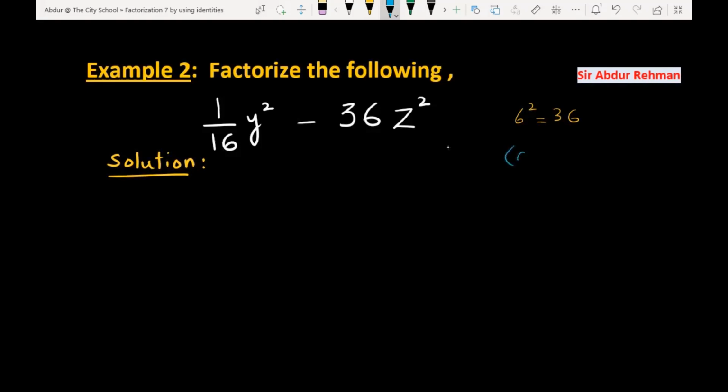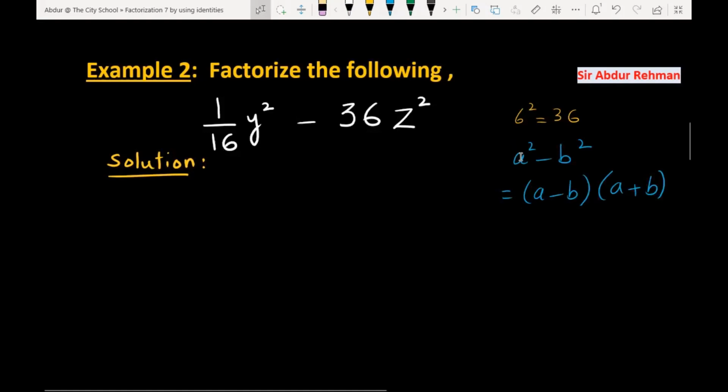recall the identity a square minus b square. Write down the identity: a square minus b square is equal to a minus b times a plus b. In this example number 2, suppose a is 1 over 16y square and b is 36z square.